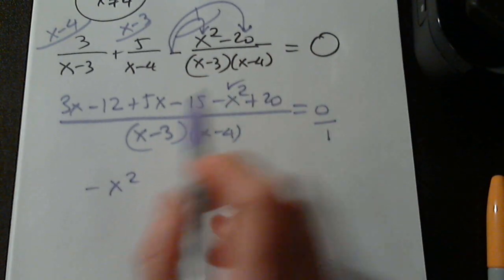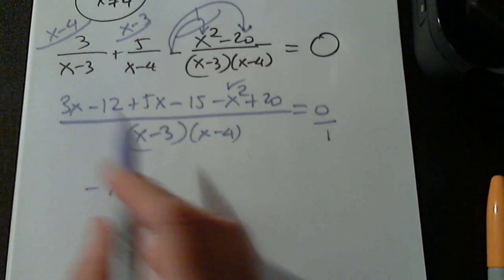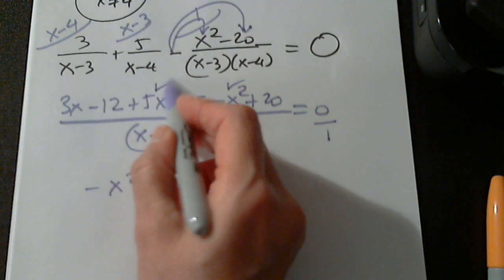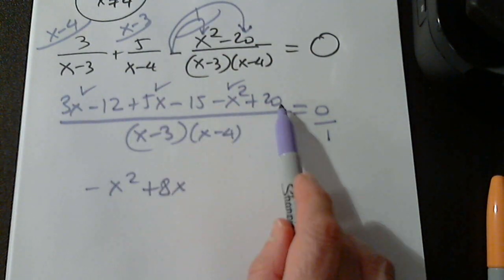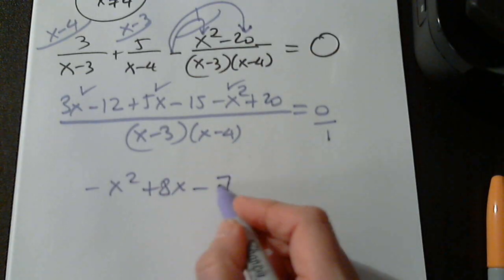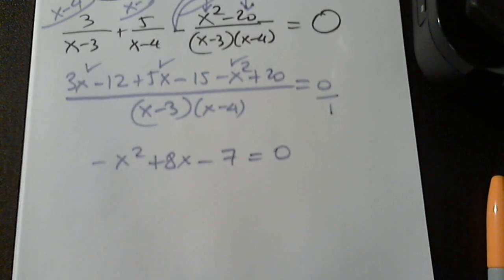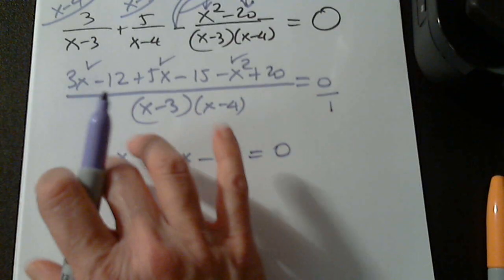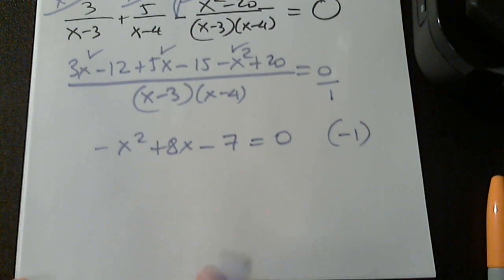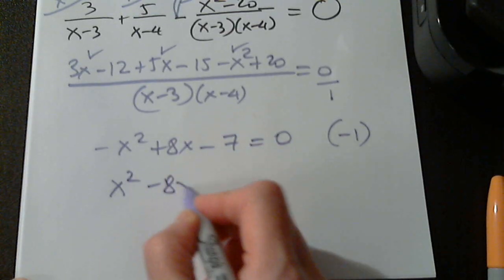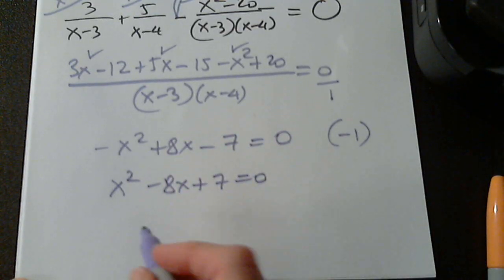Negative x squared, 5x plus 3x, done. 27 plus 20 minus 7. I refuse to solve a quadratic equation or any equation with a negative leading coefficient. I will factor.